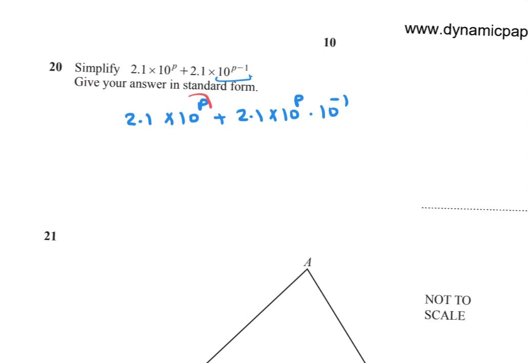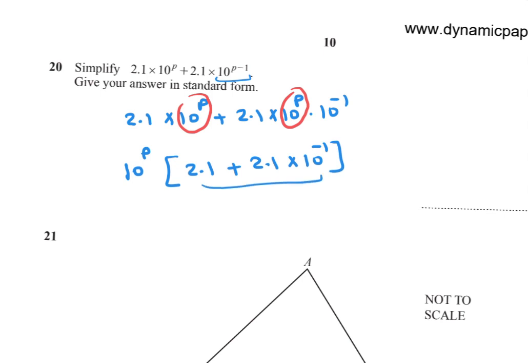Now take 10 power B as a common factor. So 10 power B into 2.1 plus 2.1 times 10 power negative 1. Now use your calculator to find this answer.